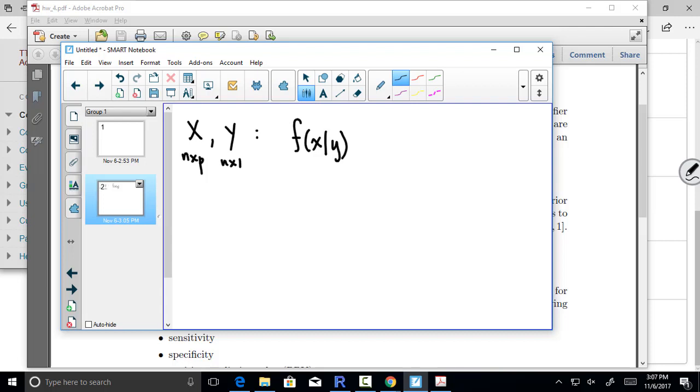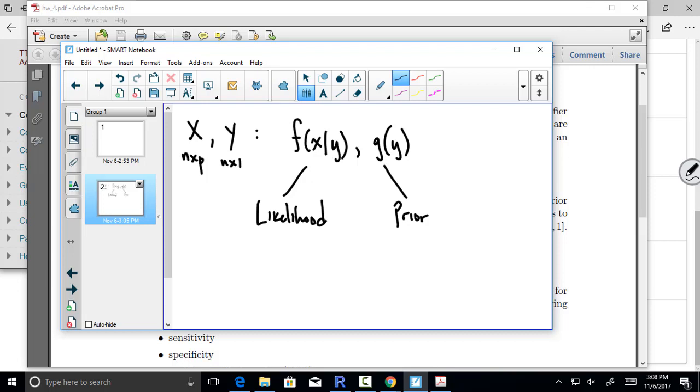So if we're willing to postulate a particular distribution of the response, or of the predictor given the response, and if we're willing to postulate what we'll call a prior distribution on class membership, the F is a likelihood, and the G is a prior probability.